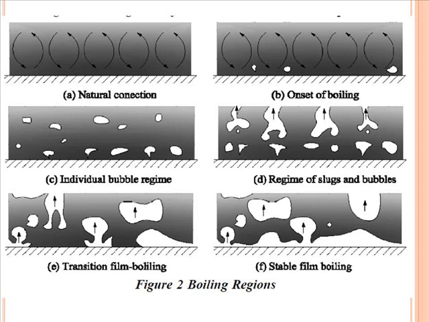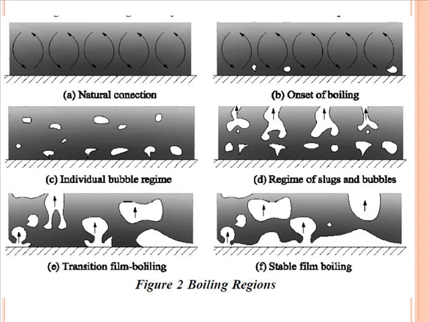The bubble will grow and detach, they will move in upward direction, and the cold liquid will take care of that vacant part, and again reach the platinum wire, and again the bubble formation will start, and that bubble formation continues. This part is known as stable nucleate boiling. In the stable nucleate boiling, we observe that the amount of heat flux supplied is maximum, and in that case the heat transfer coefficient is very high.